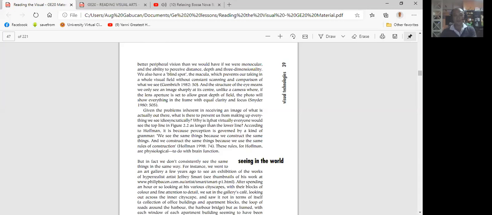Why is it that virtually everyone would see the top line as longer than the lower line? So ang tawag natin ginagawa na grammar. We see the same things because we construct the same things, and we construct the same things because we use the same rules of construction. So these rules are physiologically to do with brain function.